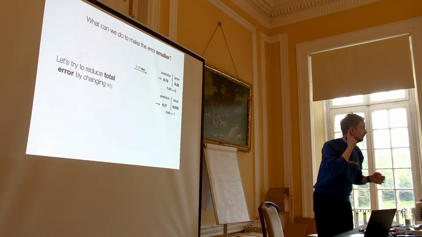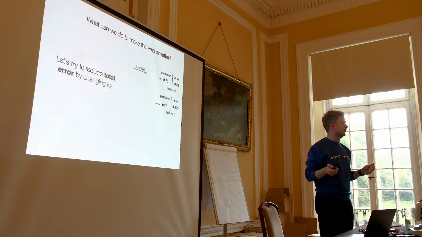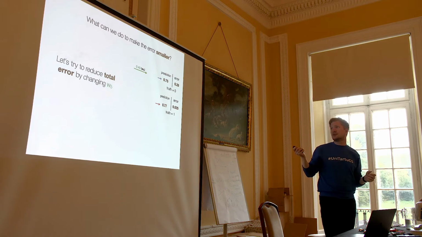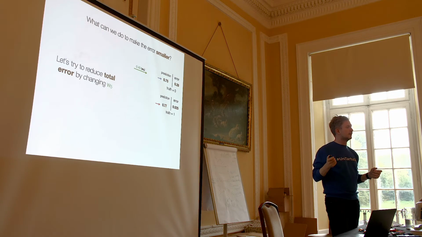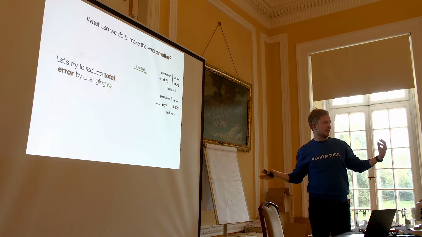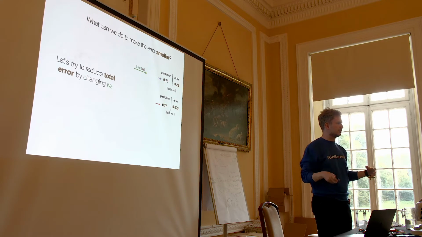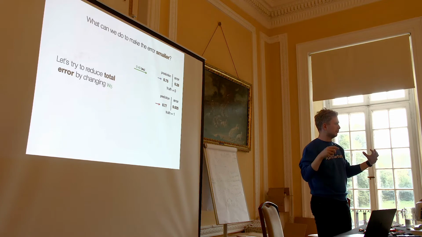We have this equation, and we want this equation to be equal to 0. Yeah, okay, this one should be 0. But if there are hundreds of steps in between, you don't know the actual relationship. So what can you do to see how to change W5 to decrease the total error?